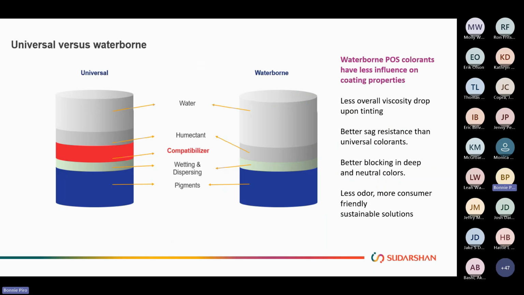Universal and water-based tint. As the name implies, universals allow for one colorant system to be used in both a solvent-based and a water-based type formulation. That's done via a compatibilizer.